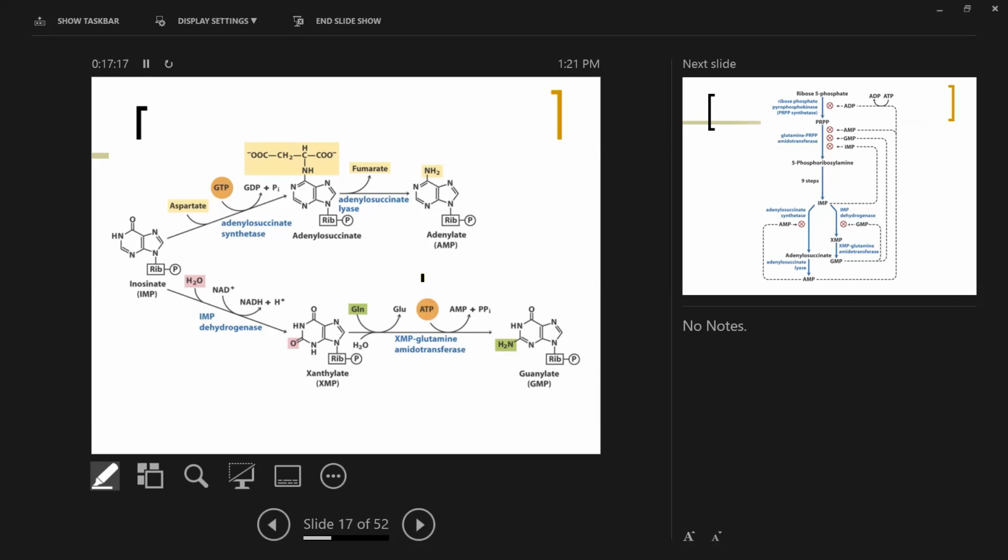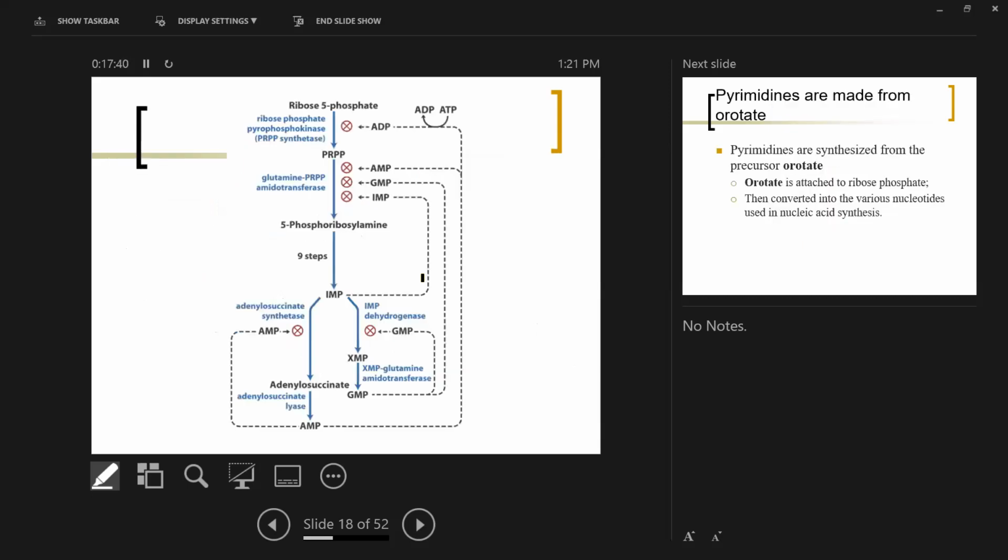And then you're going to use a xanthylate glutamine aminotransferase. So take amino from glutamine, transfer it here, you'll burn an ATP, make guanine, guanylate, and it feedback inhibits the step here. And the regulation is shown very nicely in this slide right here.